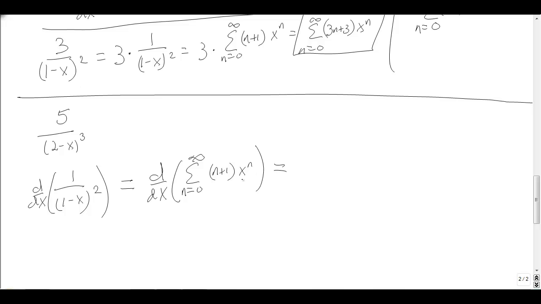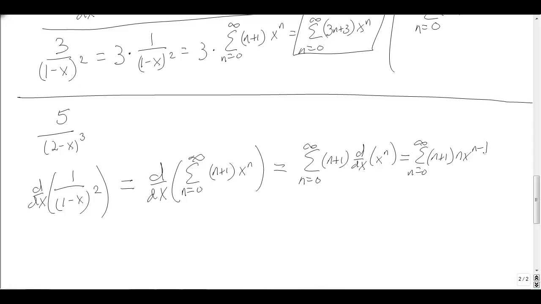And again, I can bring my derivative inside of this series. That's n plus 1 times the derivative with respect to x of x to the n. Note, the n plus 1 is a constant as far as the derivative with respect to x is concerned. There's an n there, but there's no x there. And so what I get is the sum n equals 0 to infinity, n plus 1 times n x to the n minus 1.